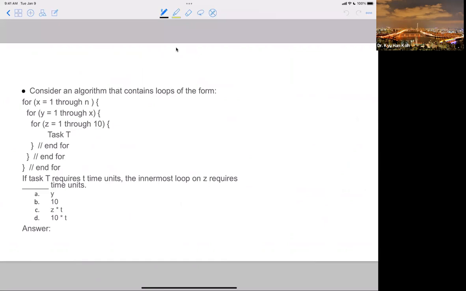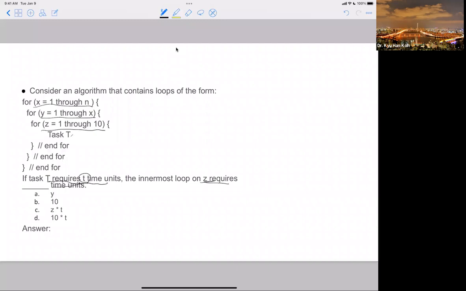And this one is a good example. So consider an algorithm that contains loops of the form. So here is one loop, another loop, and another 10 times of iteration. So if task T requires T time unit, the innermost loop on Z requires how many time unit?